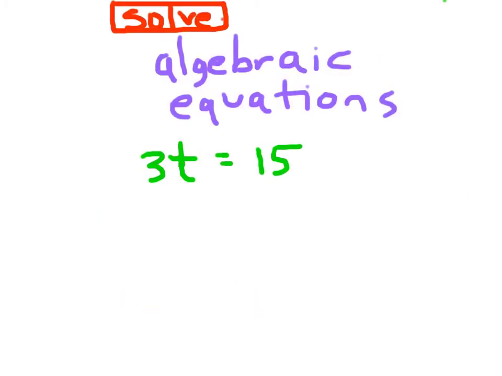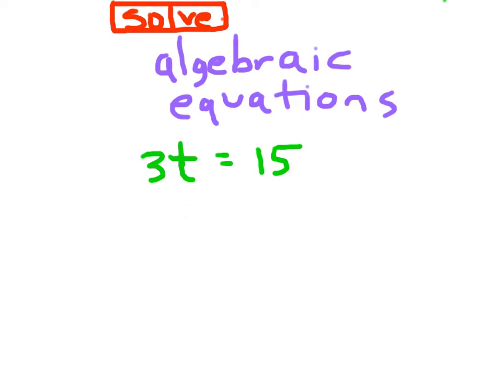Here we see an algebraic equation, and when we're asked to solve algebraic equations, we're asked to solve for the variable. What is the variable in this algebraic equation? Right, it's t. T is our variable. It's that letter or symbol that takes the place of some number.